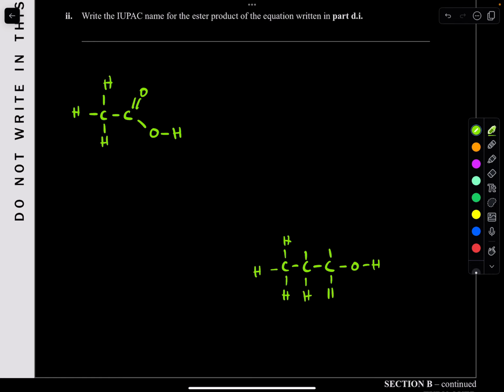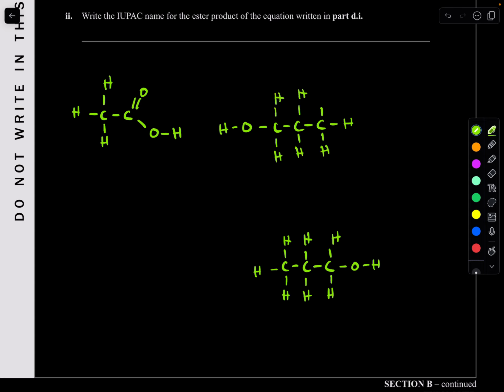So if we add these two, what happens? Imagine reversing this to make sure the alcohol group is on this side, so it'll be HO, C, C, C, H here.